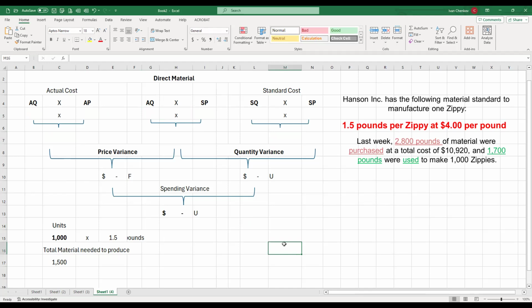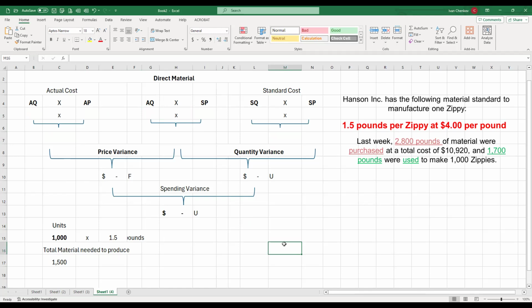So first, this company is producing the ZP, and we're talking about direct material standards. They're using 1.5 pounds for one product, and the cost is $4 per pound based on our standards.